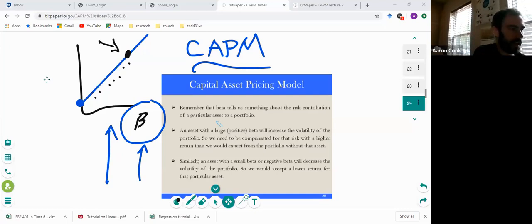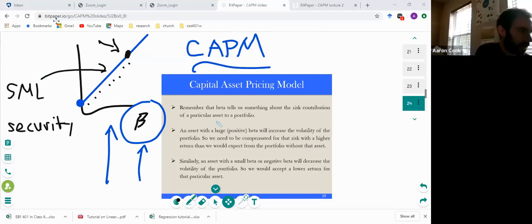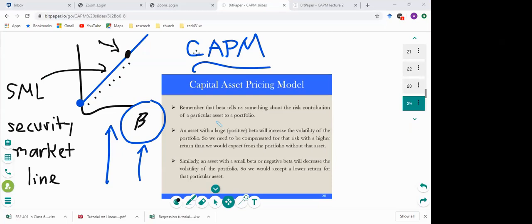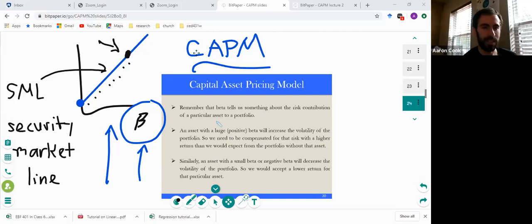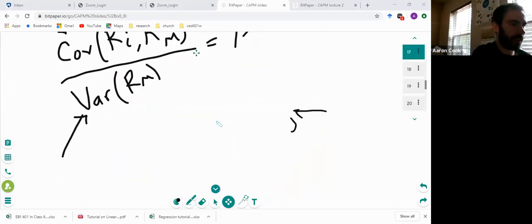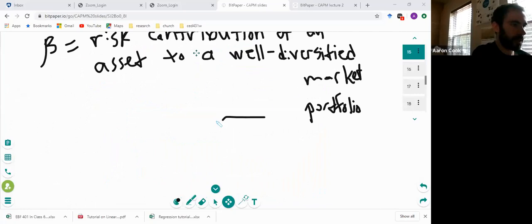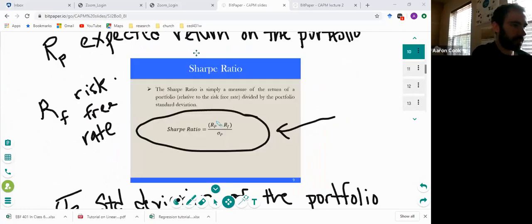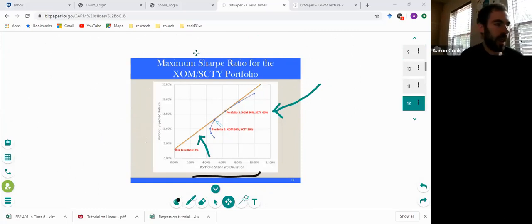This blue line, this entire blue line on this slide here, is sort of the security market line. We're going to call that the security market line. It's the same sort of idea as we saw before with combining a bunch of different assets together in the Sharpe ratio idea.